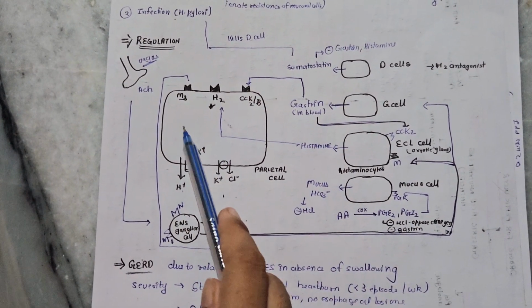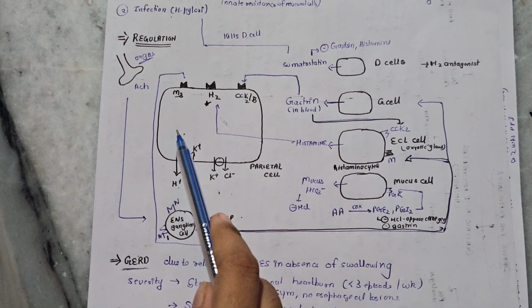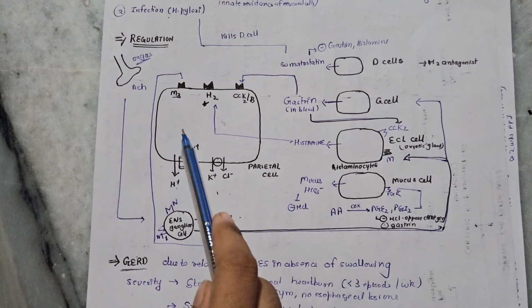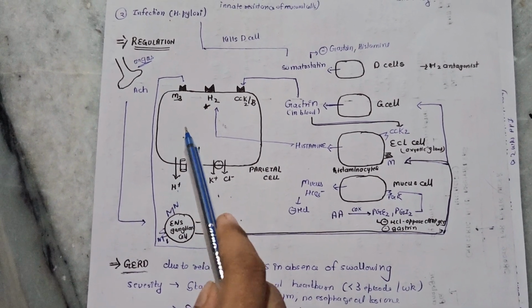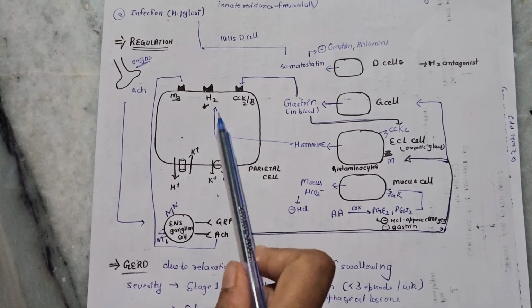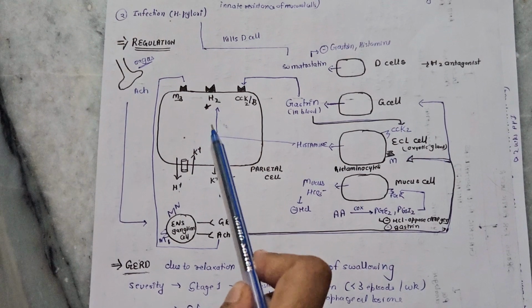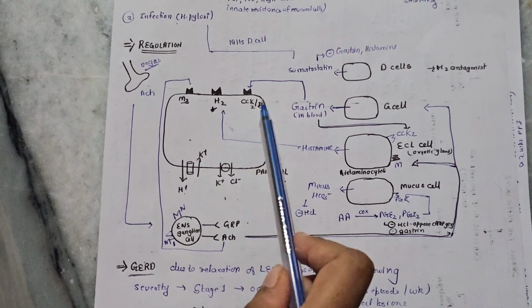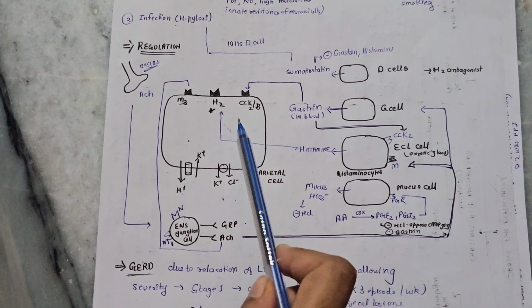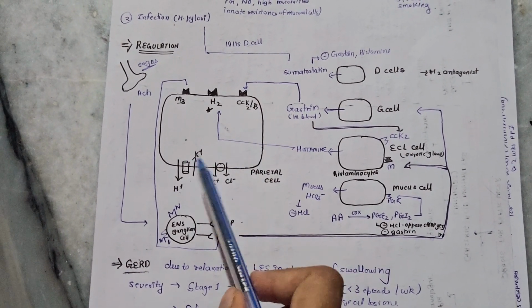The muscarinic receptor mainly acts through the IP3 DAG pathway, and histamine has the dominant role in activating the proton pump. CCK2B acts via the IP3 DAG pathway.